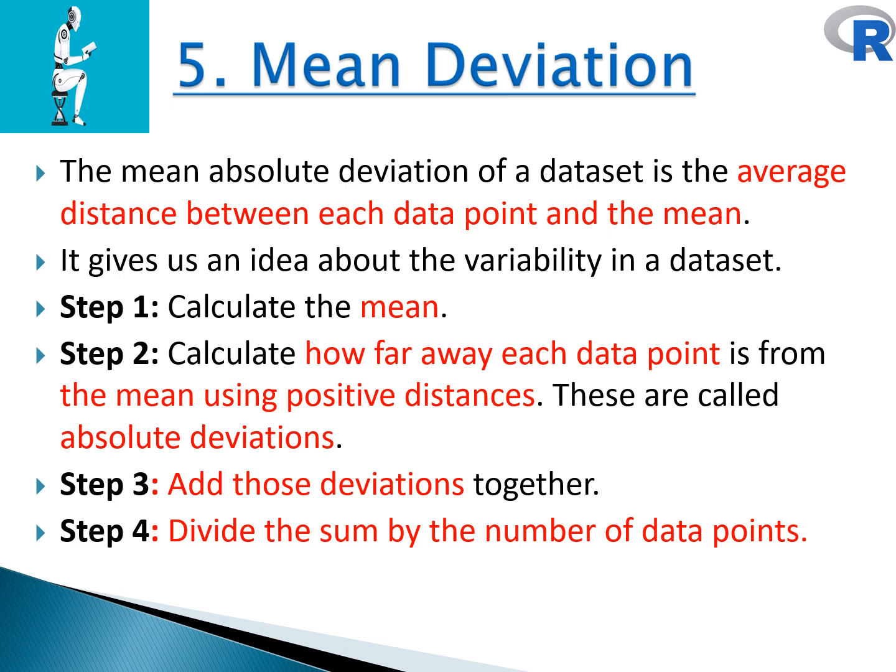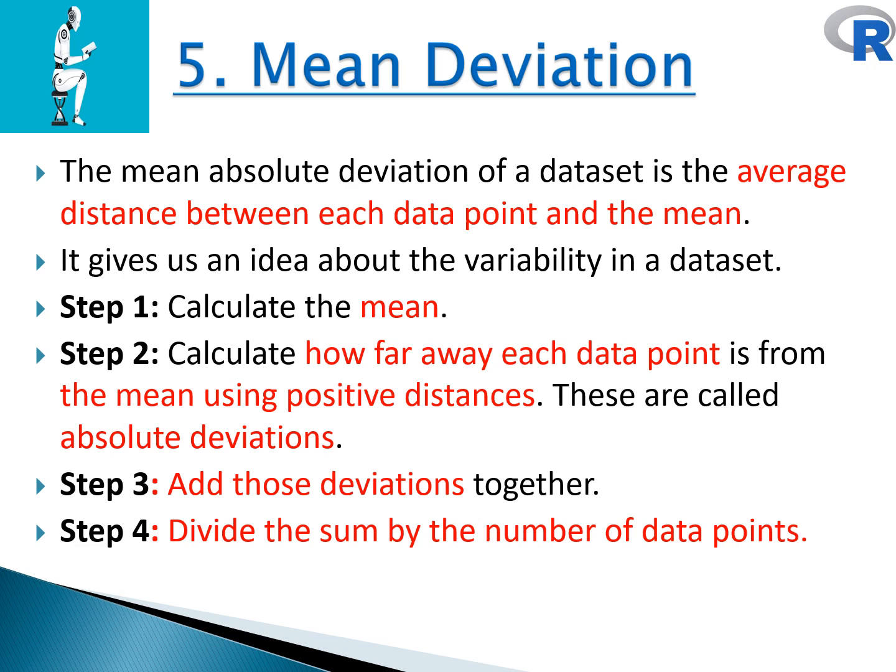The first step in finding the mean deviation is to calculate the mean value. The second step is to calculate how far away each data point is from the mean using positive distances, and these are called absolute deviations. So you find the difference from each data point to the mean, and take the absolute value, which is termed the absolute deviation.